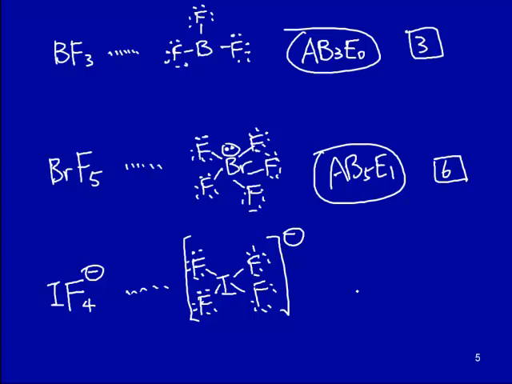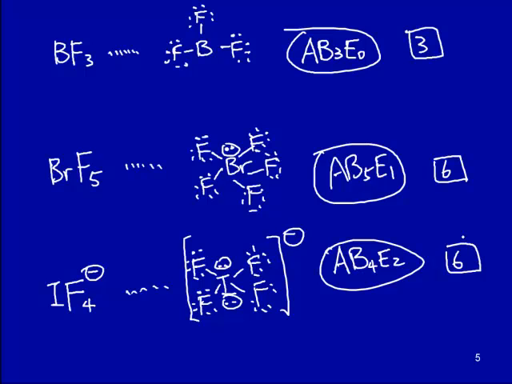If we bracket it as this one, it actually has 2 pairs of electrons left on the iodine. So in this case, the notation for that will be AB4E2, and the total number will be 6.